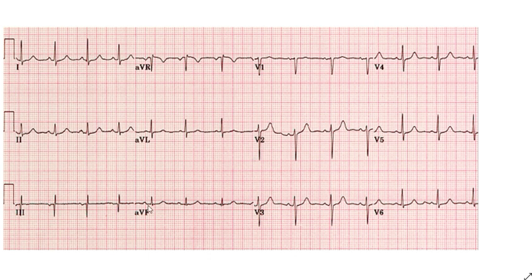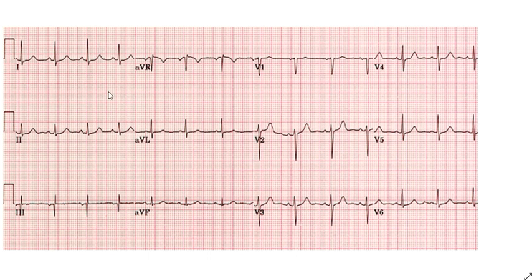AVR, AVL, AVF are the augmented limb leads. And V1, V2, V3, V4, V5, V6: these six leads are called chest leads or precordial leads. Their functioning and normal values we will discuss in our coming lecture.